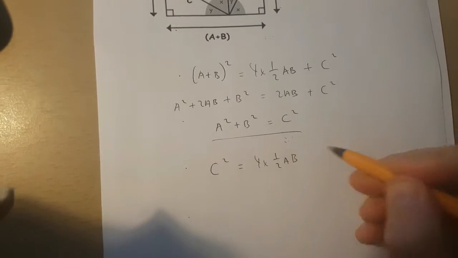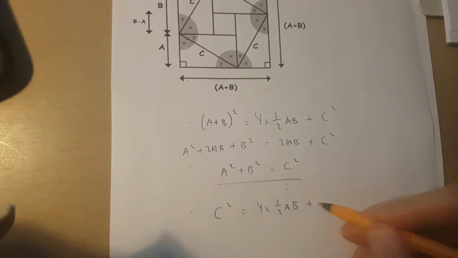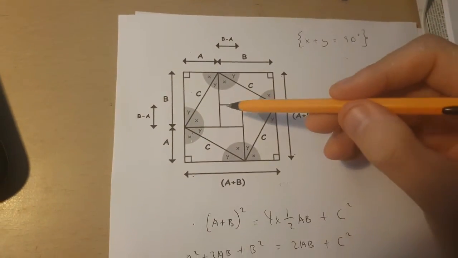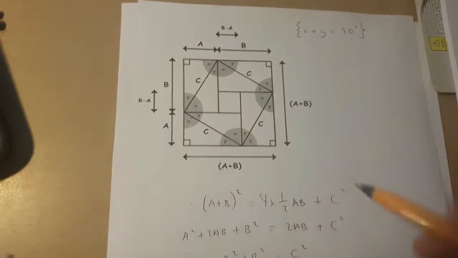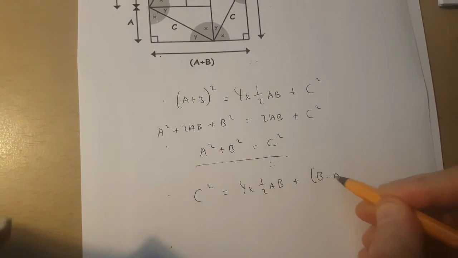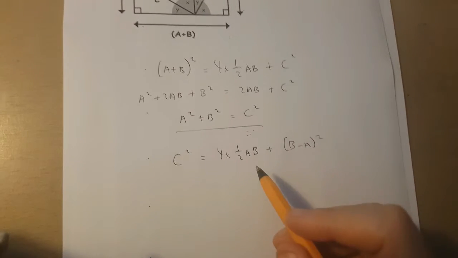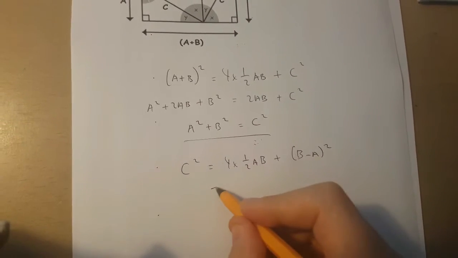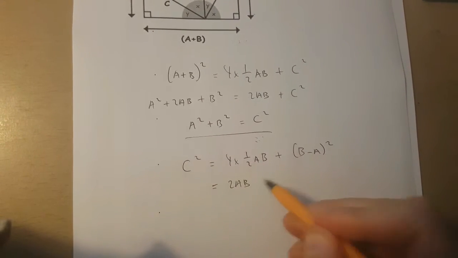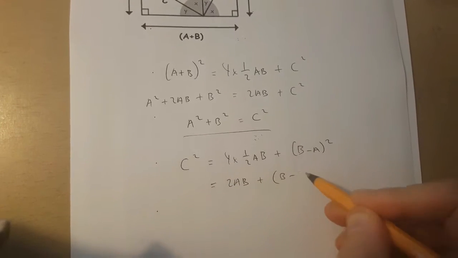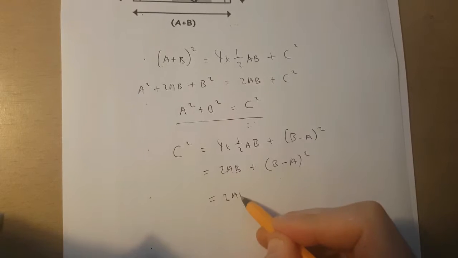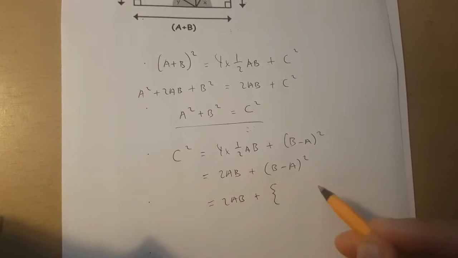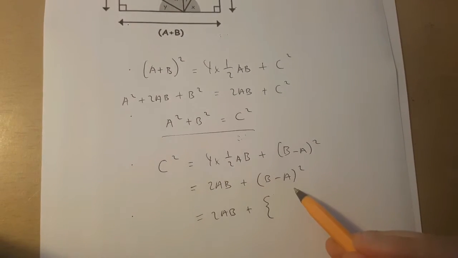Okay, 4 times half ab plus this little square in the middle, which is (b minus a) squared. Okay? Now, this over here is in fact 2ab plus (b minus a) squared, okay, which is 2ab plus, in brackets, (b minus a) squared.